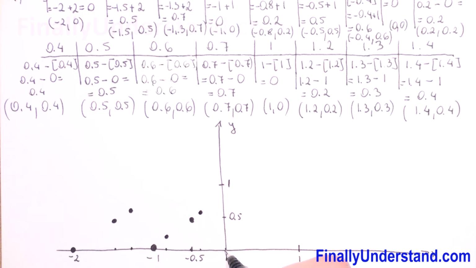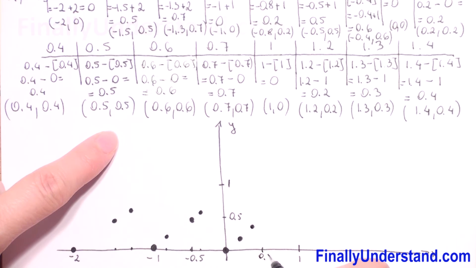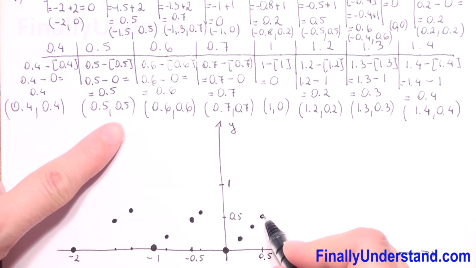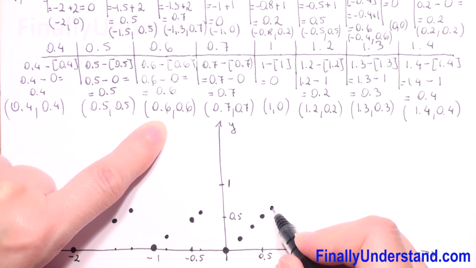Next we have 0. For 0 we have value 0. For 0.2 we have value 0.2. For 0.4 we have value 0.4. For 0.5 we have value 0.5. For 0.6 we have 0.6.